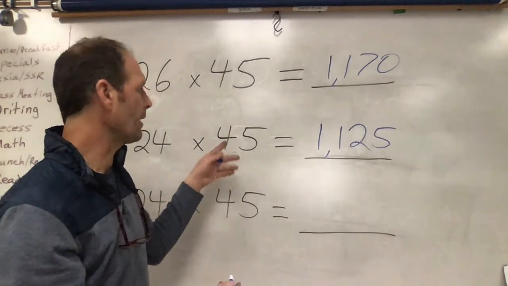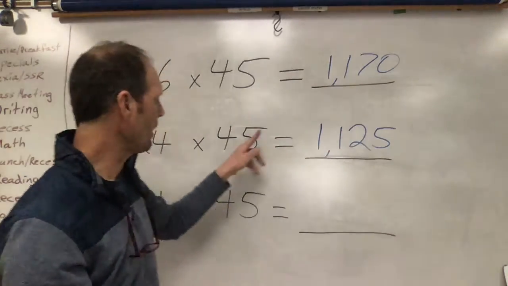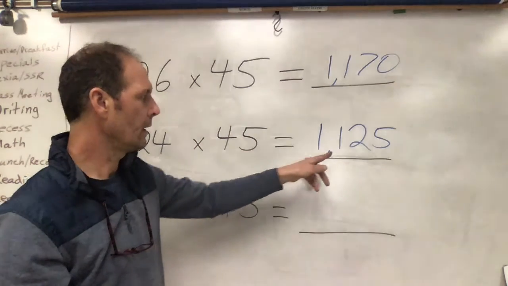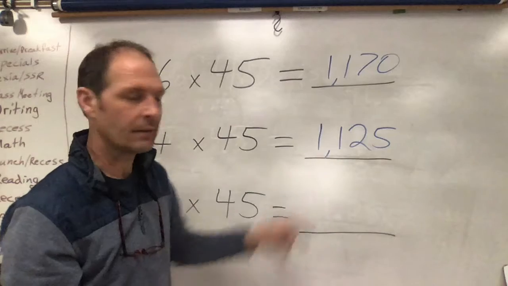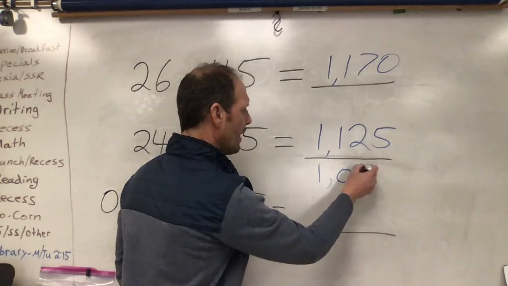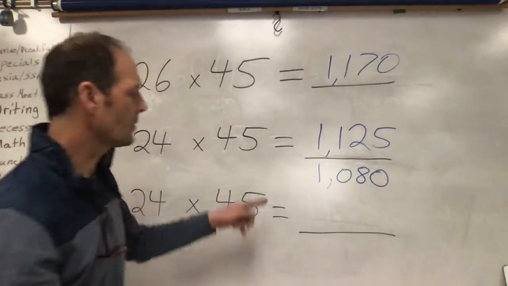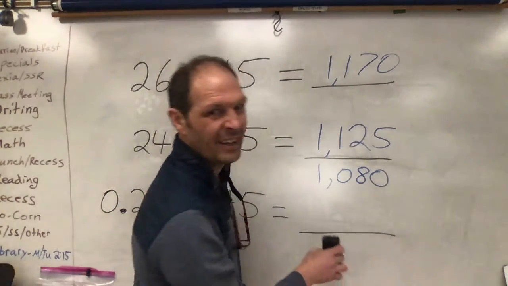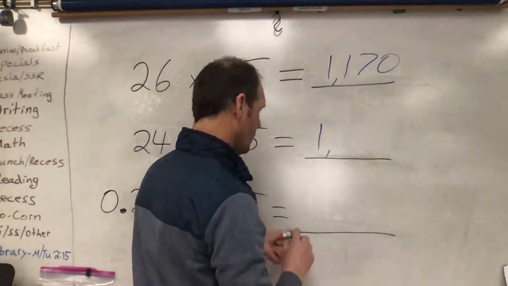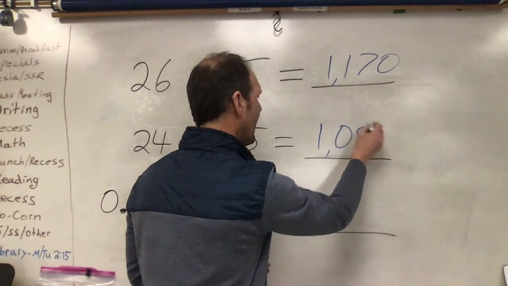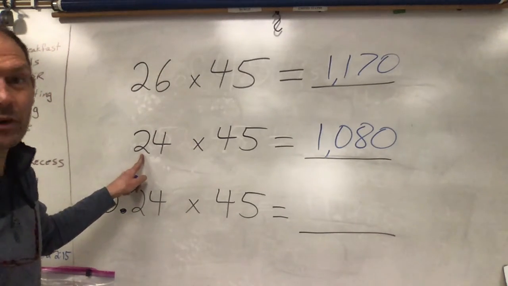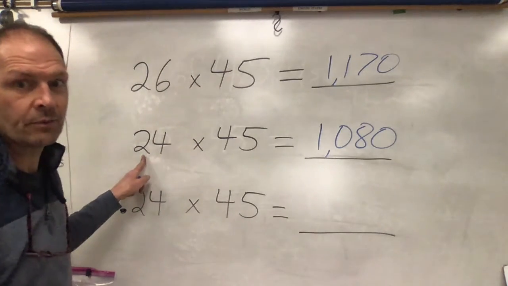I'm going to think about it as, if I take that 25 out, that takes this down to 20. I got to pull out an extra 20. That takes me down to 80. So I'm going to write 1,080. I think I'll write it in the correct place. 1,080 is our answer, because it's not 25 times 45, it's only 24 times 45.